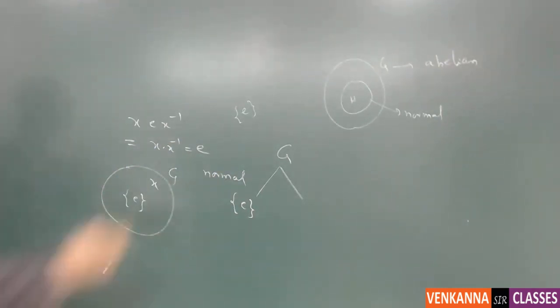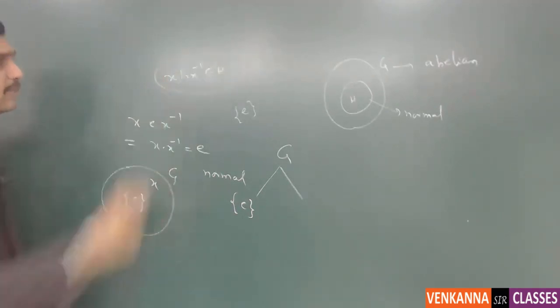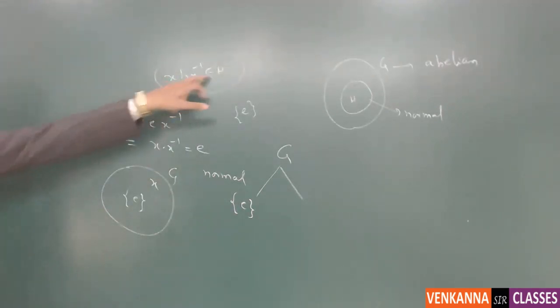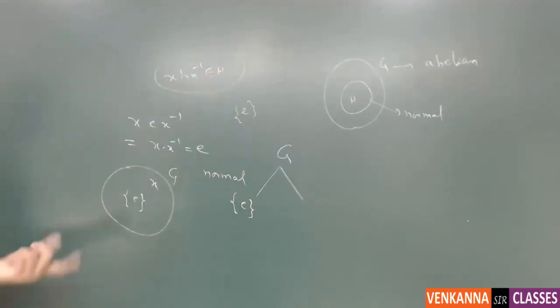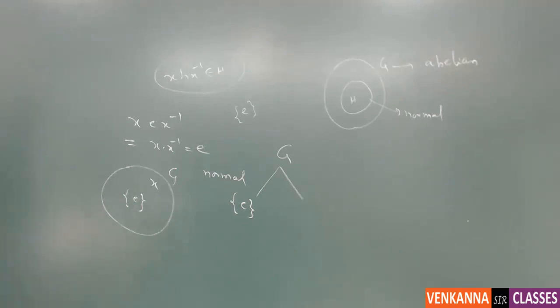It is satisfying the property x h x inverse belongs to H. Here you have only one element. It satisfies the normality property. It is by default abelian. It always satisfies the commutative property with other elements of the group.